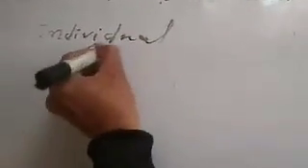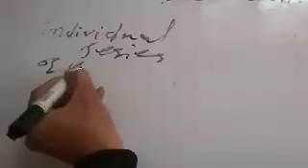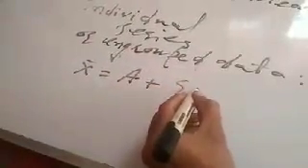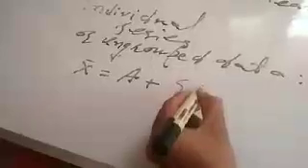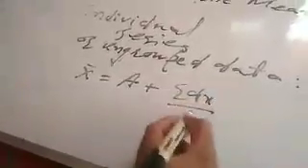In short, you have to find assumed mean by this formula. In case of individual series, raw data, or ungrouped data, you have to find x bar equal to A, that is known as assumed mean, the value which you are going to assume as mean, plus summation dx by n.